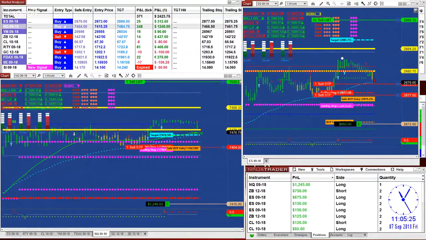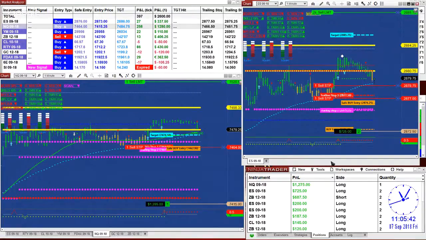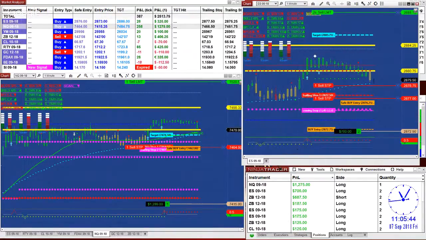Look, you see, you're playing a game of cat and mouse on a tick. Look, guys, this is art. This is where the game begins in trading, and this is where the nerve comes in.